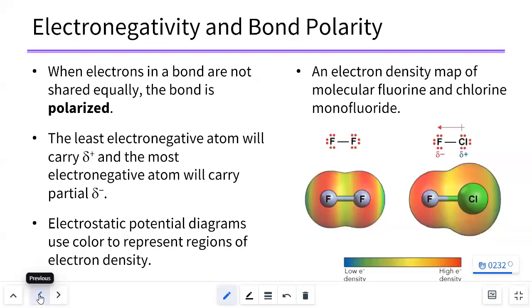That's going to create a distortion where the electrons spend more time on one side than on the other. And that has more significant implications as we start getting into module 8, when we start looking at not just bond polarity, but molecular polarity. Does a molecule actually have an uneven distribution of electrons or not?